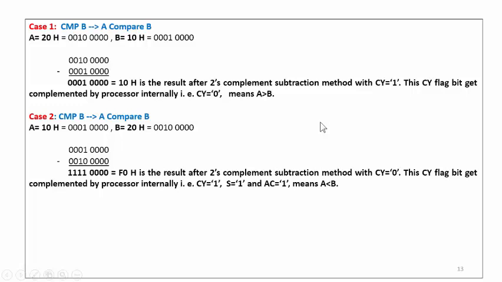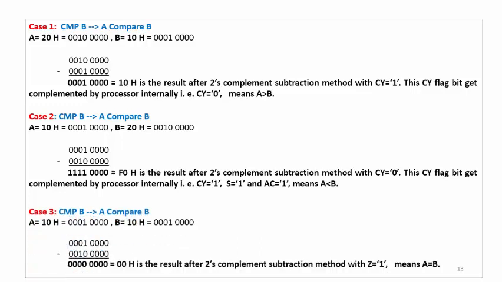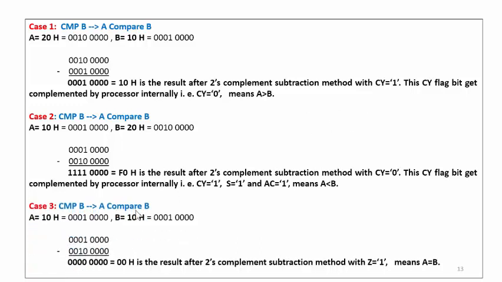So that's why we get carry flag 1, sign flag 1, auxiliary carry flag 1, which indicates the accumulator content is smaller than the B register. That is, the data available in the accumulator is smaller than the B register.